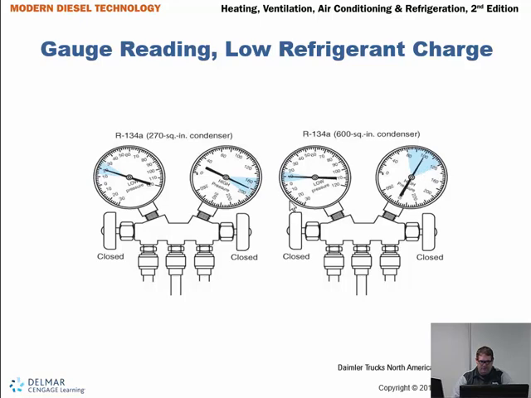And same with the larger condenser, though, however, we're going to end up with low high side pressure and somewhat lower, I should say, normal to low, or just very low side pressure. So obviously, as you see, the size of the condenser, the size of the system, the volume of the system is going to make a big difference on how they react when they're low.